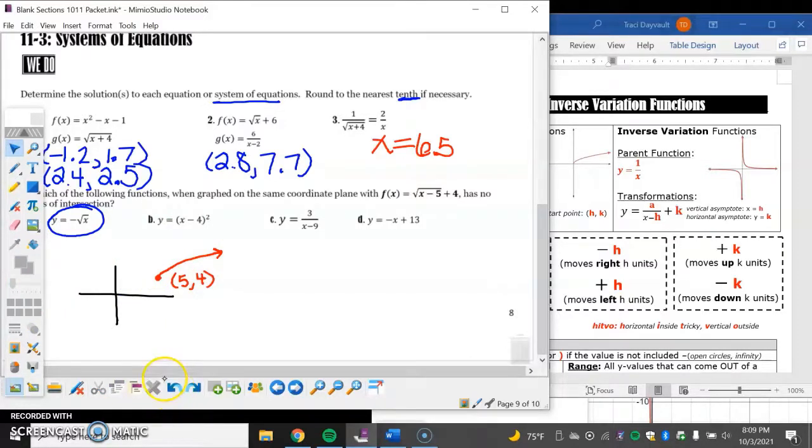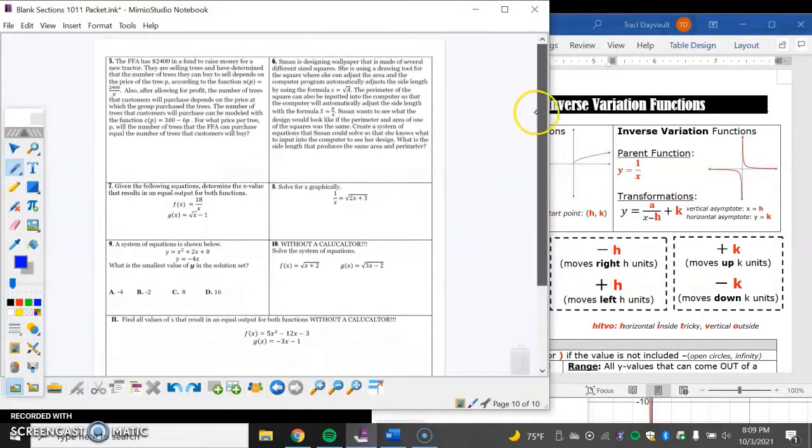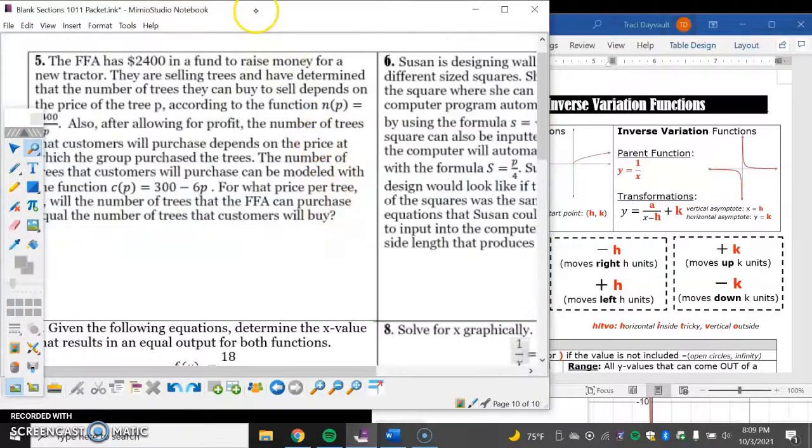And if we look at negative x plus 13, and of course you could graph this on Desmos, but this would start up at negative 13 and have a negative slope. That would probably intersect, but I do know for sure that this one would not intersect, so that is the answer.